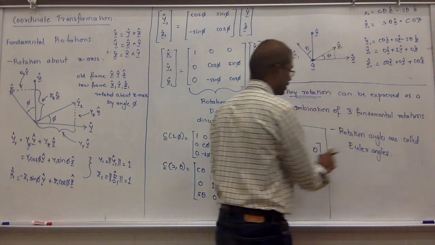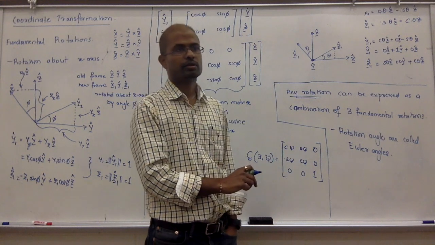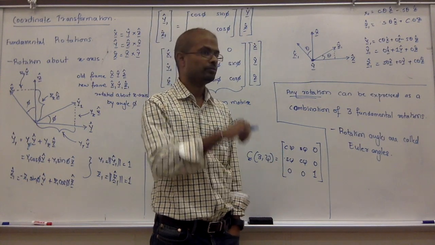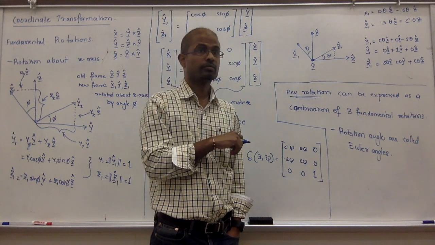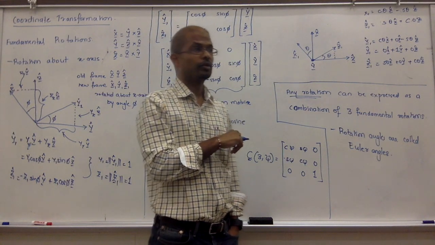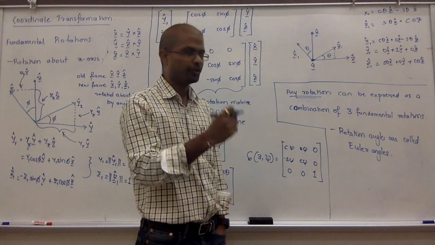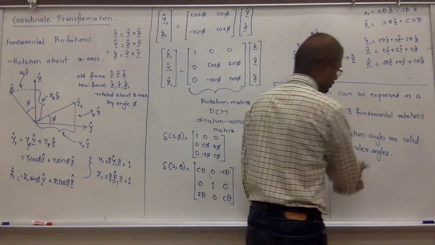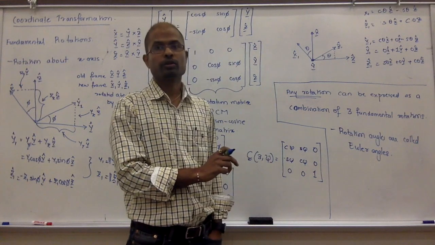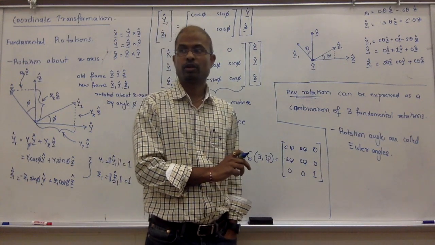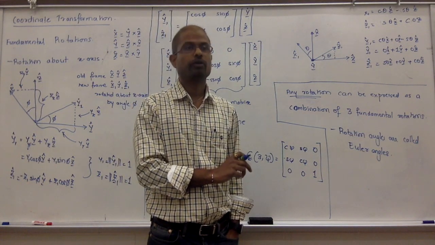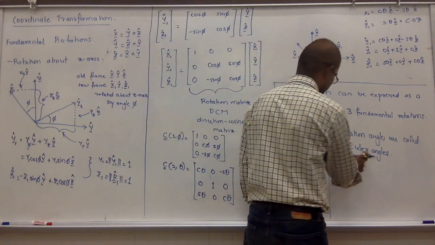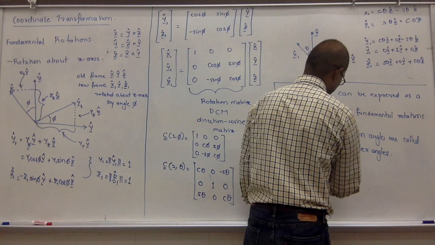EULER is pronounced as Euler. You can say Euler, yes. But don't get thrown off if somebody starts talking about Euler angles, or Euler rotations. It just means Euler angles.